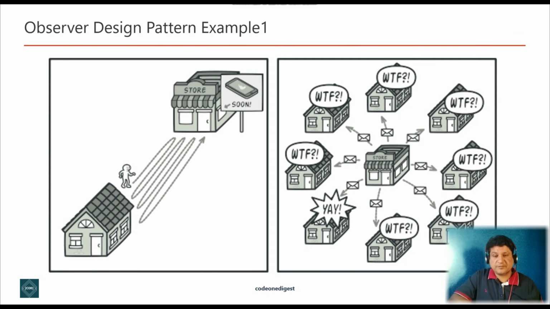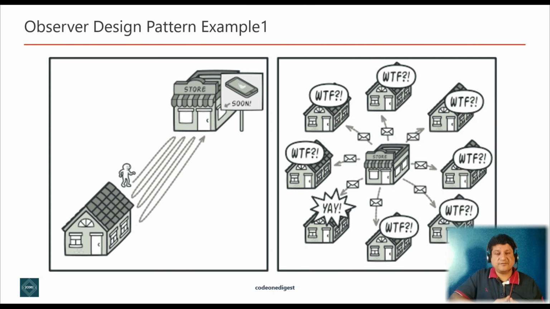Let's understand the observer design pattern with an example. Imagine a scenario of a customer and a store. Let's say a customer is very interested in a particular brand of product, let's say iPhone, which should be available in a store very soon. The customer could visit the store every day and check product availability. But while the product is still on the way, most of those trips to the store would be pointless.